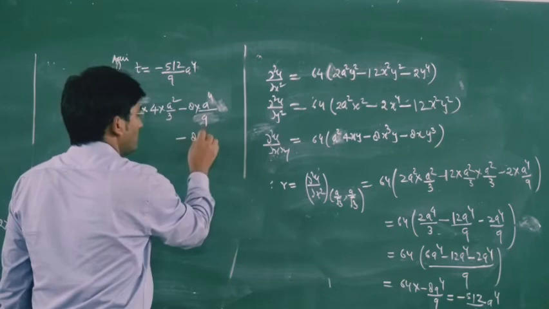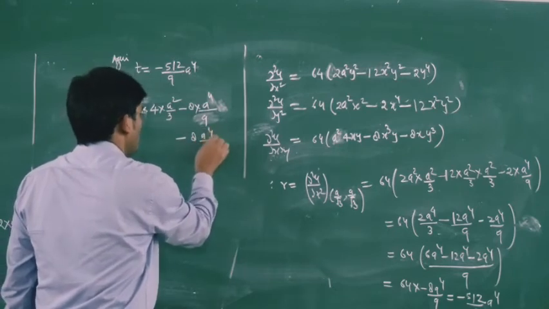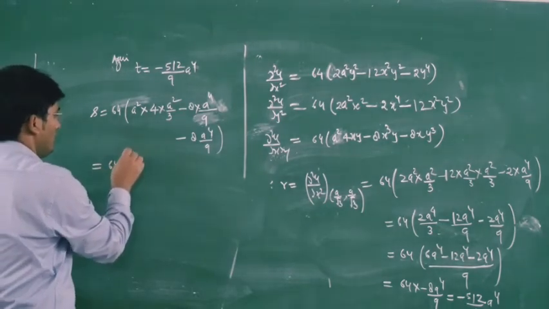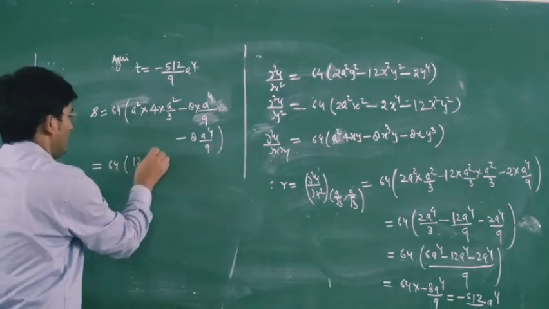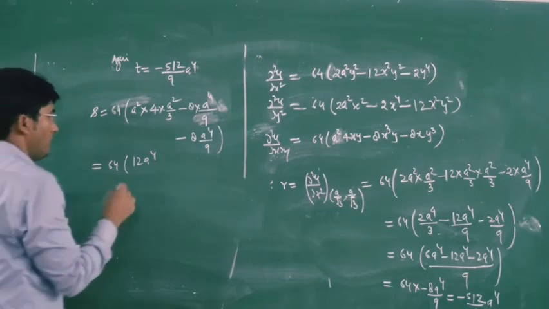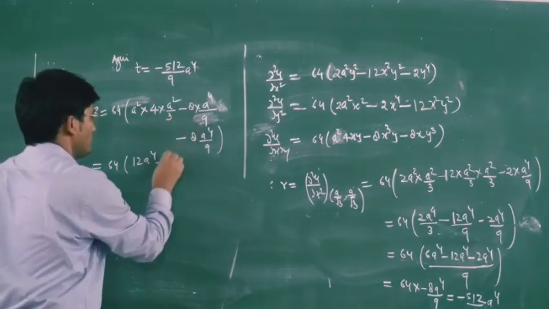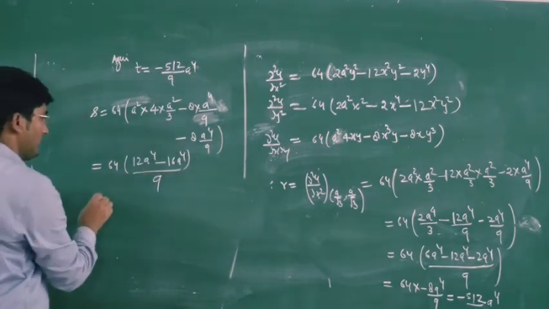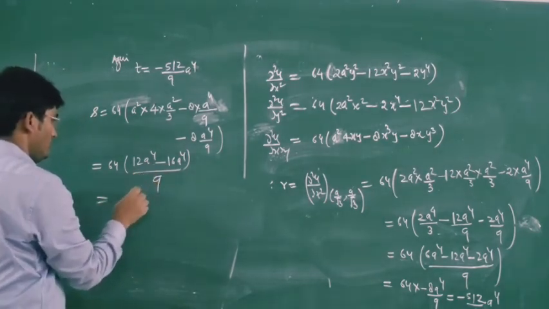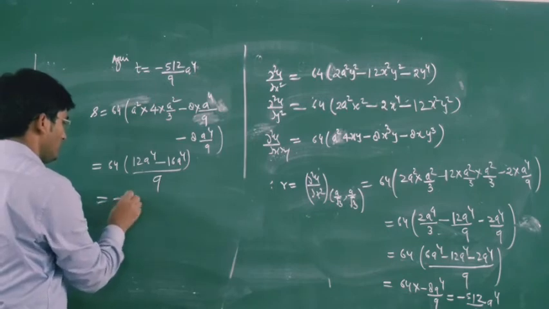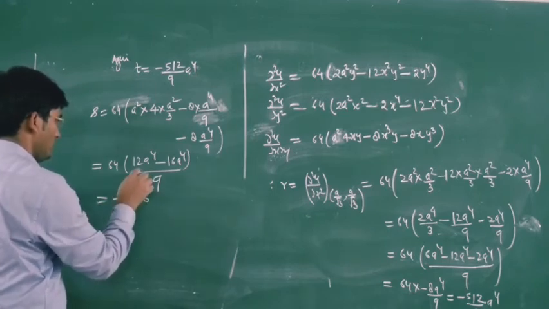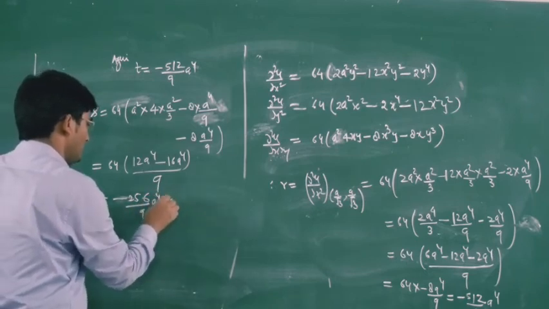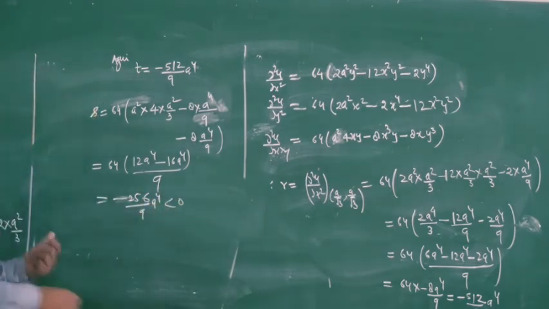Then we have 8a⁴ upon 9. So this is equal to 64 into 12a⁴ minus this will be 16a⁴ divided by 9, and this is your minus 4. So this is equal to 256 upon 9 a⁴. Again, this is negative.